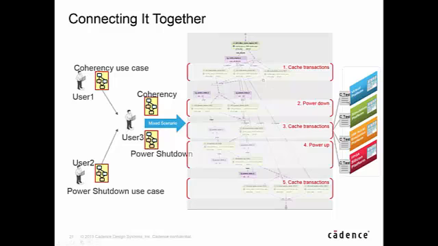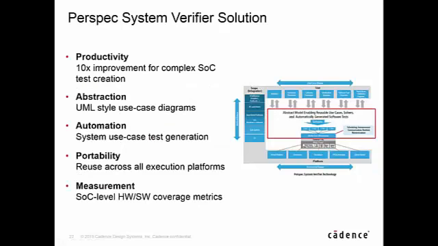And obviously, the ability to generate the tests and target those tests toward the platform. So in summary, these tools are about giving you more productivity through the ability to generate tests, and not only generate tests, but generate tests that are more complex than you'd be able to generate by hand.